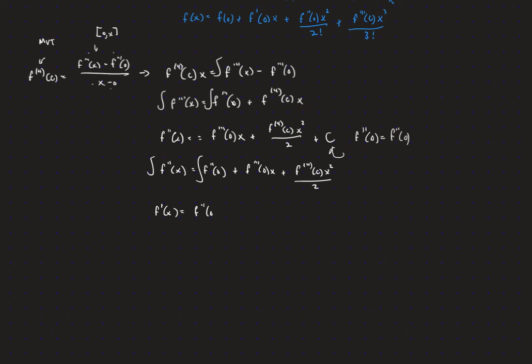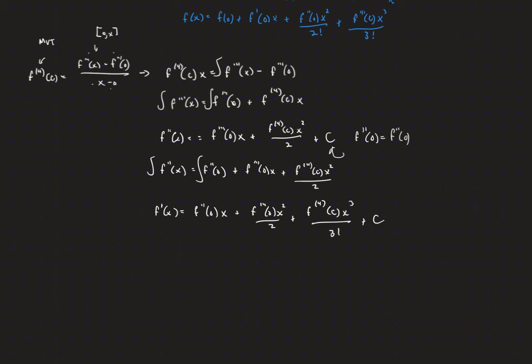We'll get the constant f double prime of 0 times x. We'll get f triple prime of 0 now times x squared over 2, and we're up to the fourth derivative here at c, and it's going to be x to the third over 3, making that x to the third over 6, which we'll write as 3 factorial, and our constant of integration.